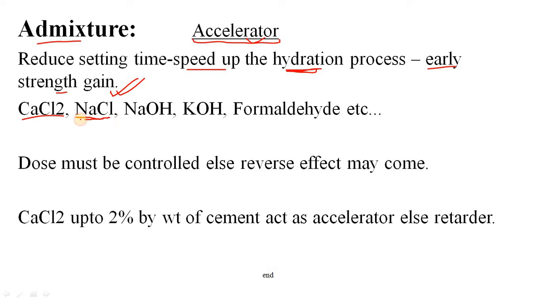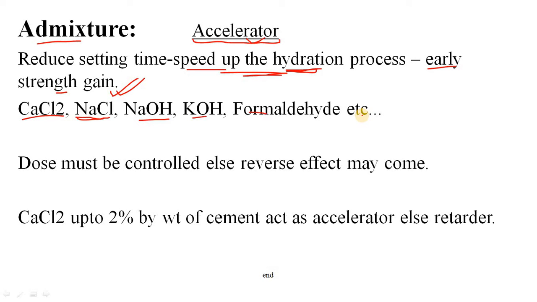These can be added to concrete for speeding up the hydration process. There are lots of chemicals like sodium hydroxide, potassium hydroxide, these are some bases, and formaldehyde, etc. There are lots of accelerators which you can use based on your requirement.